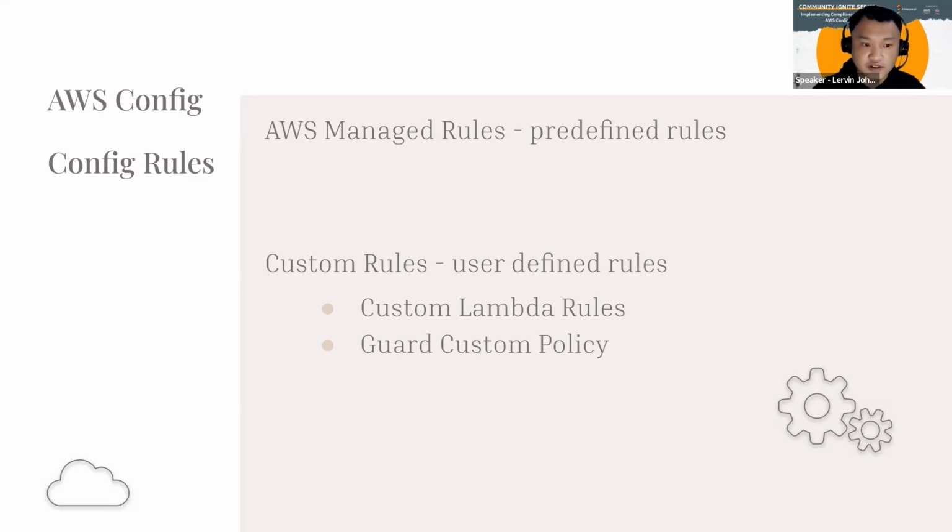So dito, for the custom rules, if you create a custom rule, you will associate either a custom Lambda function to your rule or a Guard custom policy. If you want to learn more about Guard custom policy or the Guard language itself, you can check their GitHub repository.